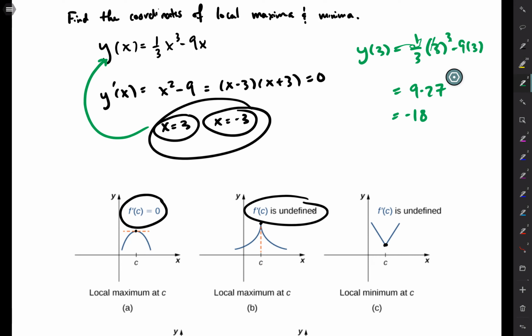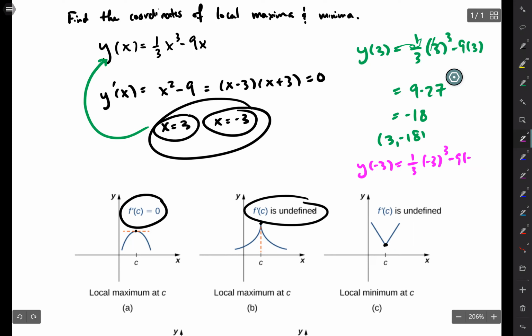So now I have one extremum at (3, -18). And if I plug -3 into y, I get 1/3 times -3 cubed minus 9 times -3. This time I get -9 plus 27, so that's +18.